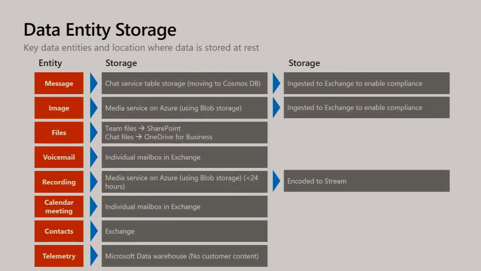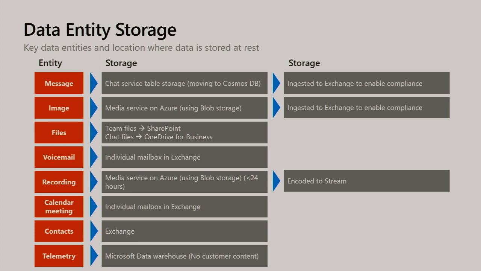Now, we touched a little bit on the top three already, messages, images, and files, and where they are located. But if we take a look at the rest of the data that you may find in Teams, things like voicemail, calendars, and contacts, as you can imagine, actually live in Exchange, while things like recordings are a little bit different.